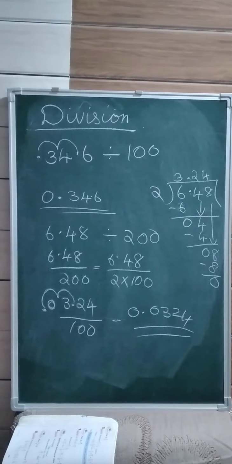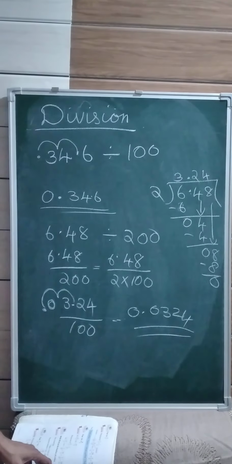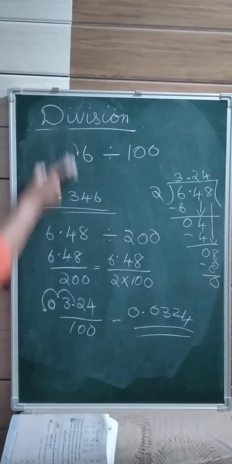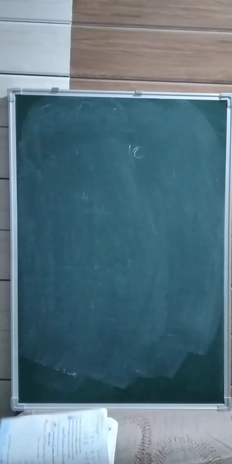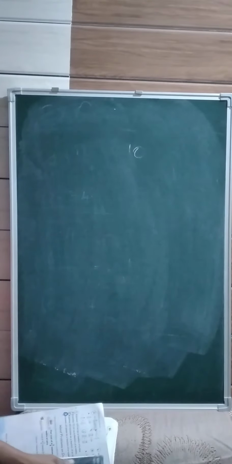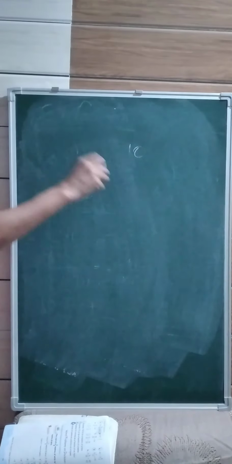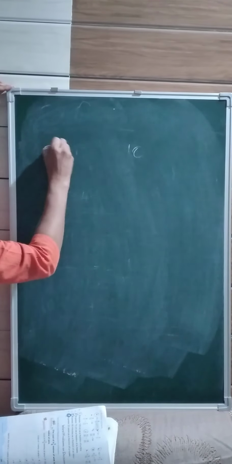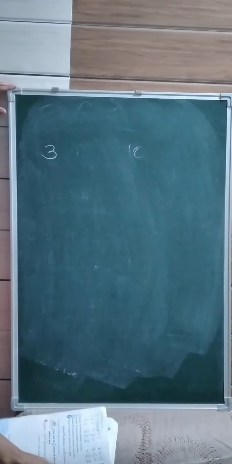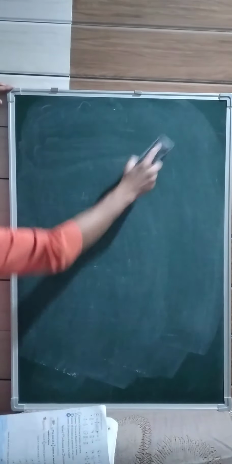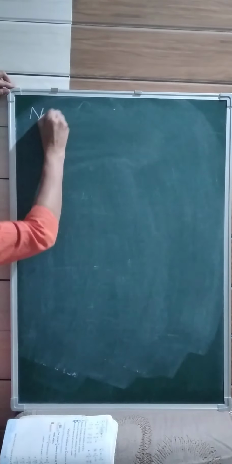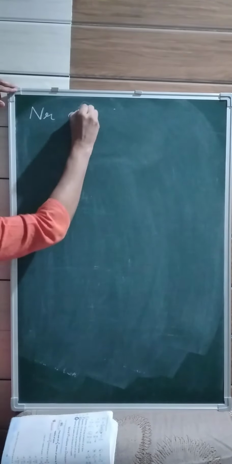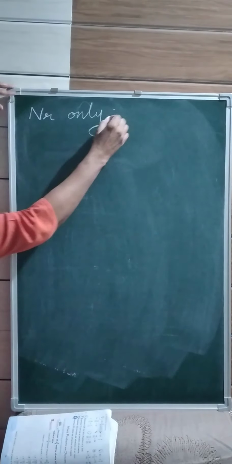Okay children. Now the proper division we are doing. There are three types of divisions we are taking. First case, numerator only a decimal number.